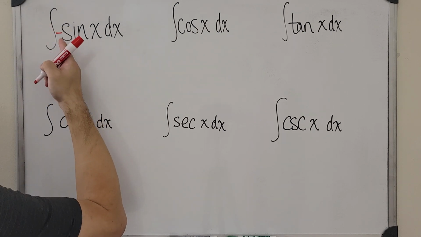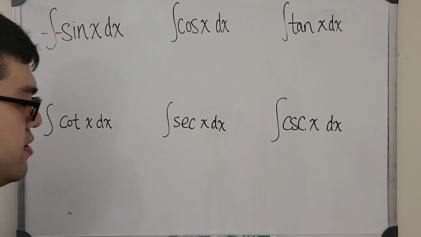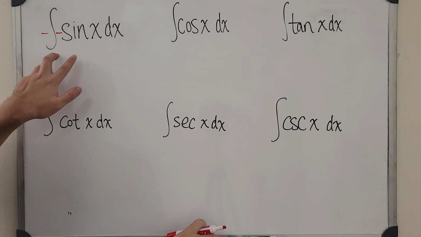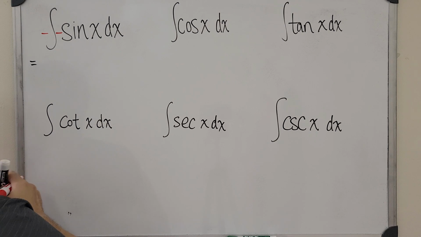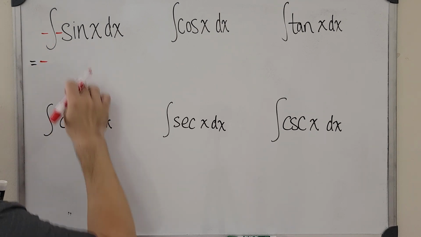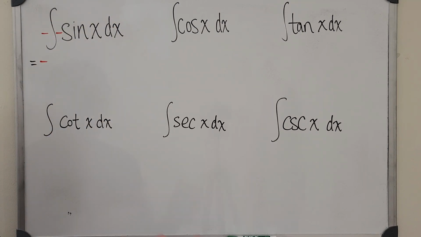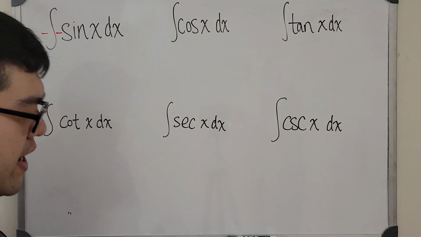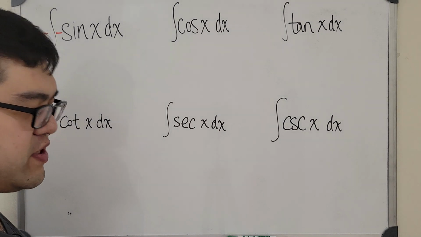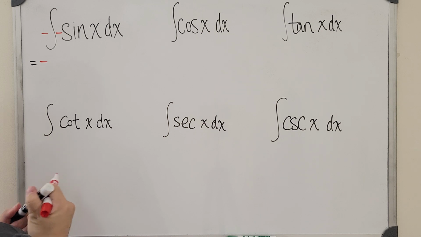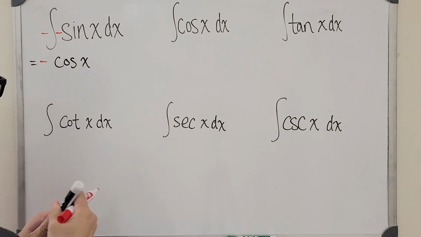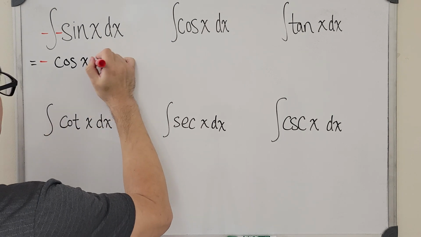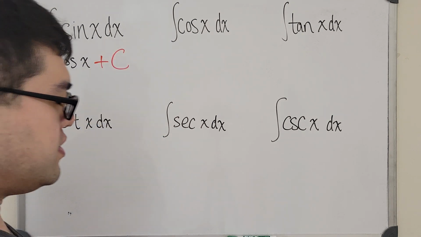So we're going to put a negative inside as well as outside, so that now if we try to take the integral, we'll be able to get negative, which is from outside, the integral of negative sine of x dx by the derivative of cosine. This is what we're going to get. We will actually get negative cosine. And then don't forget, we have plus c for a constant term.